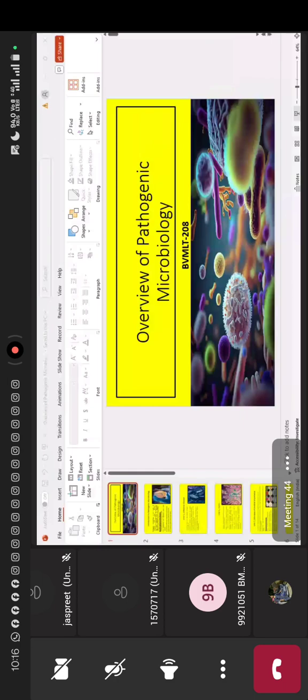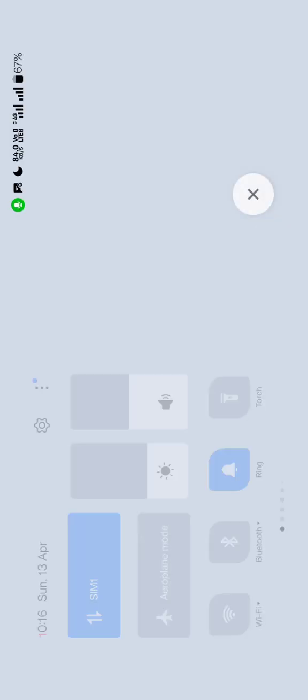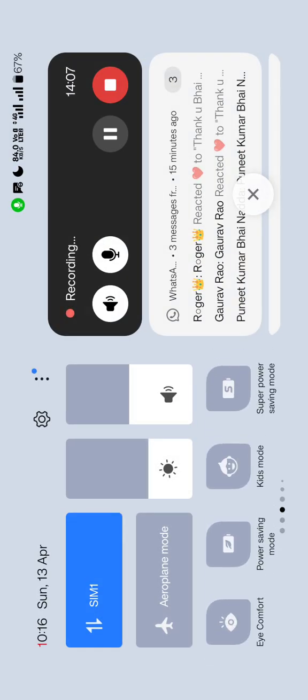Next are the nosocomial infections. Nosocomial infections are those infections which are acquired from the hospitals. That's why they are also known as hospital-acquired infections. For example, if a patient has a stone in the gallbladder, and the doctor and the OT technician plan a gallbladder surgery, like cholecystectomy.